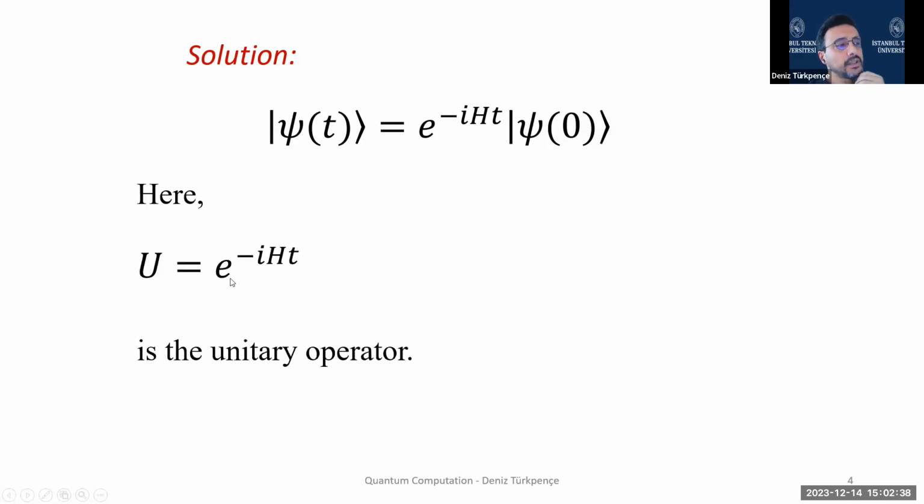Here, e to the power minus iHt is a unitary operator, and we see that it is an exponential operator, okay? Here again, the operator H comes into play, and again, this is the Hamiltonian. But in general, in quantum computation, we do not deal with time and the structure of the Hamiltonian because this is more physical.